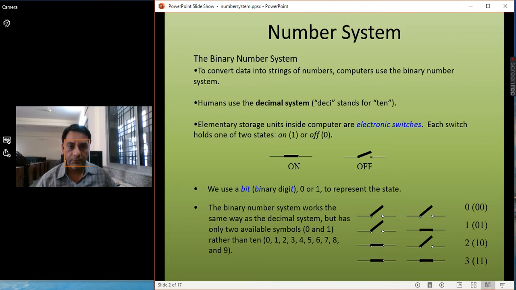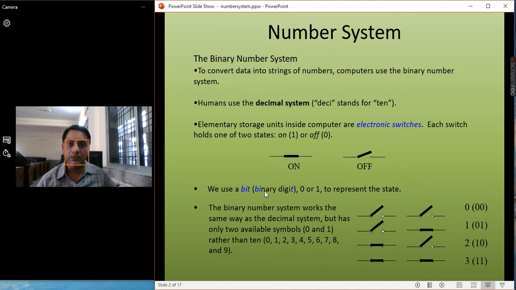You can see the elementary storage, that is the electronic switches. I have told you that these are directly related to electrical pulses, and these electrical pulses are zeros and ones. So when the switch is on, it represents 1, and when the switch is off, it represents 0.